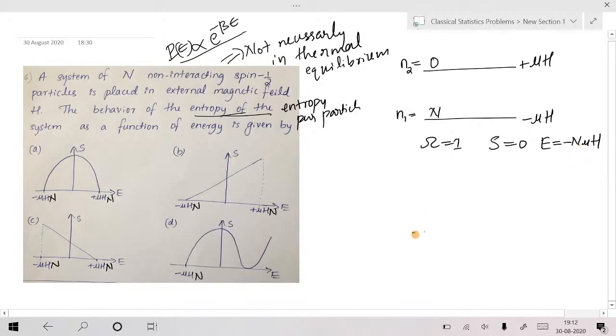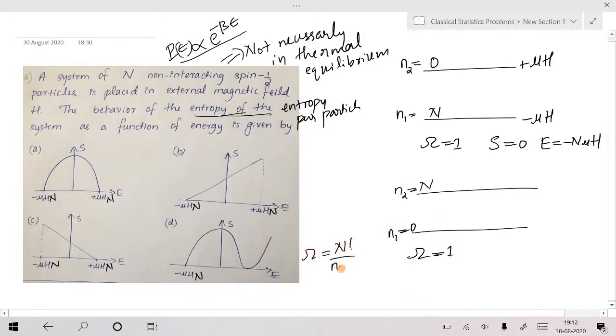Now there is one more situation where entropy is equal to 0. That is N2 is equal to N. All the particles are in the excited state. N1 is equal to 0. In this case also the number of microstates is equal to 1. Or you can find the number of microstates is N factorial divided by N1 factorial N2 factorial, which is equal to 1 in this case as well as in the other case.